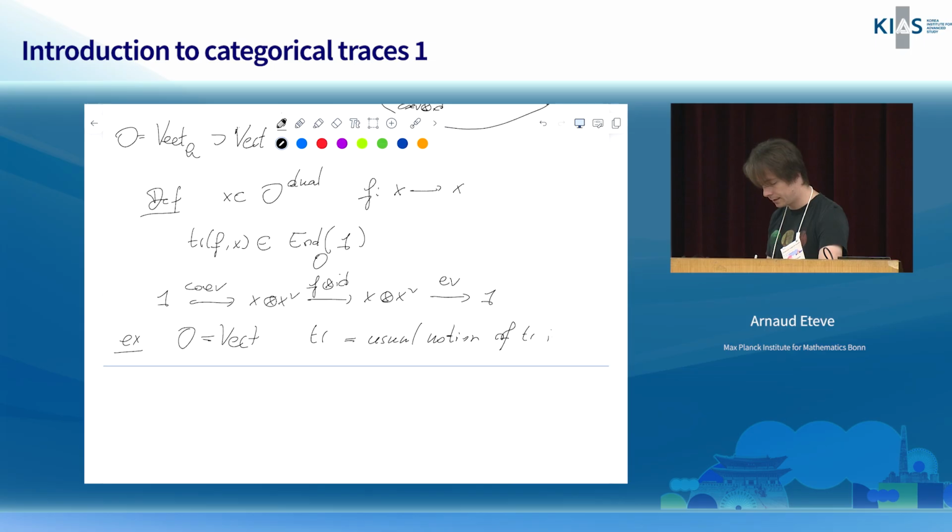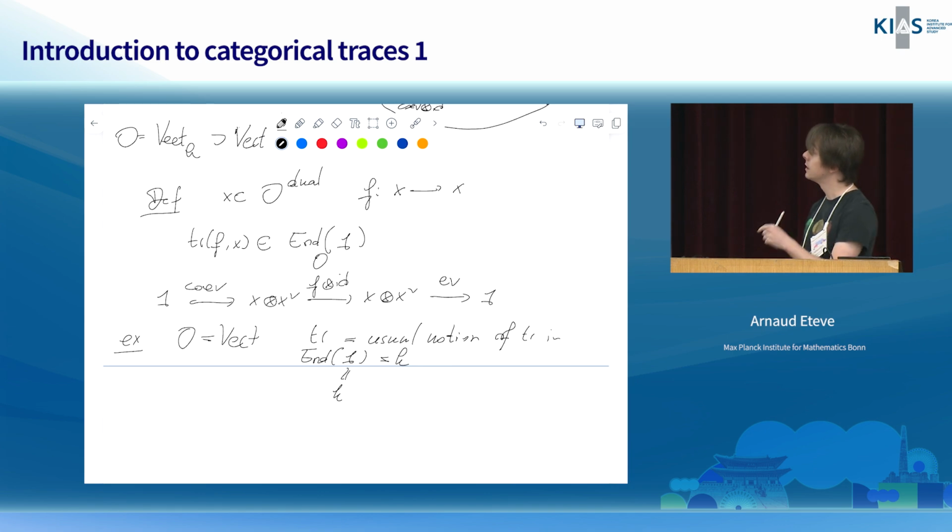The unit is K, the one-dimensional vector space, and it's again K. So exercise, just compute this thing when you have a finite dimensional vector space and find multiplication by the trace as a scalar.